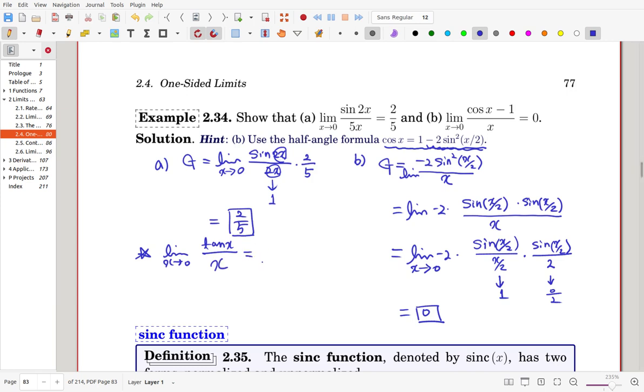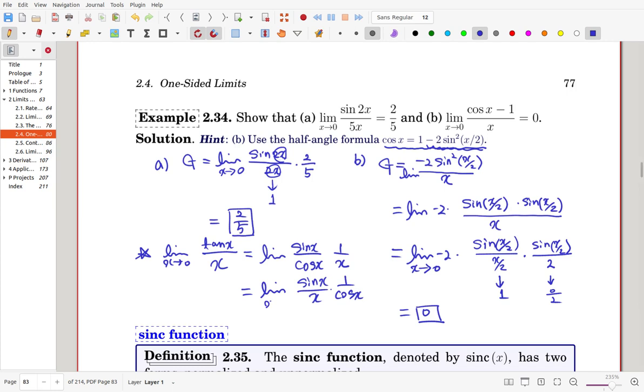That is the same as the limit of sine x divided by cosine x, and 1 over x. So we reorganize it: the limit of sine x over x times 1 over cosine x. You can write it in this way.